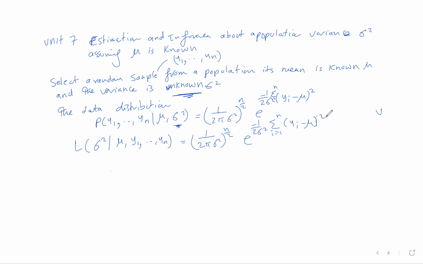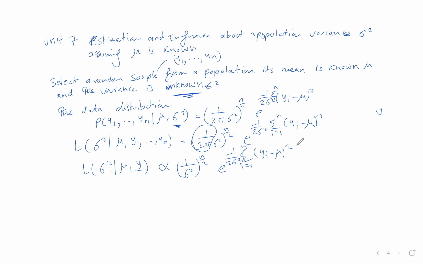Now if you'd like to simplify this, L of sigma square given mu and the vector of y is proportional to, removing anything that is not a function of sigma square, 1 divided by sigma square all to the power n over 2, e to the power negative 1 divided by 2 sigma square, sum over i equal 1 up to n of yi minus mu square.